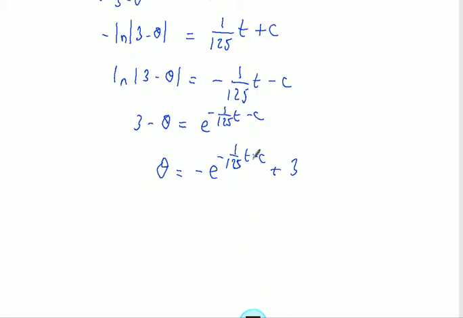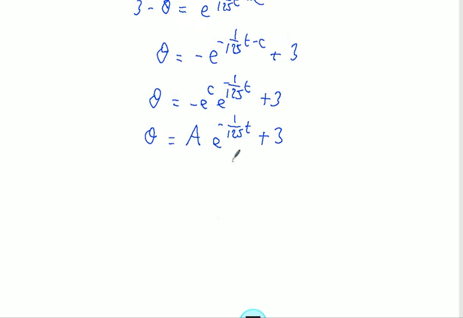Again, index laws, I can say this must be true. And this term at the front, negative e to the power of c, that's just a constant. So I'm going to give that a new variable. Let's call it a. That's what they've used in the question, so it makes sense to do that.